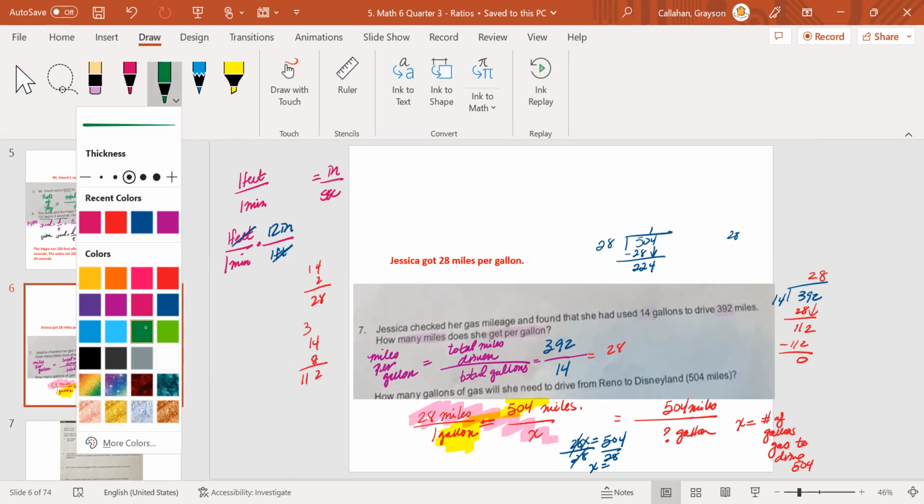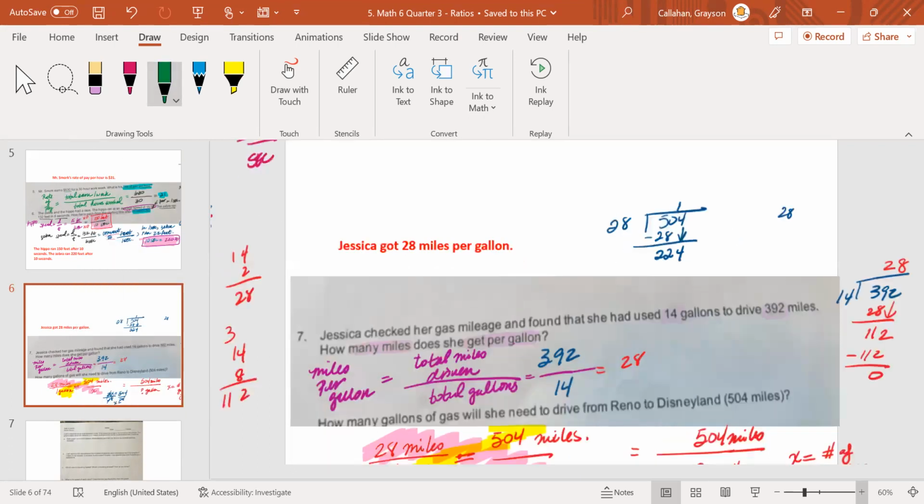224. 28 times what gives me 224? 28, I can round that to 30. 30 times 7 is 210. 28 is smaller than that, so let's try 7 because that's close to 224. That's going to give me 56, 14, 196.